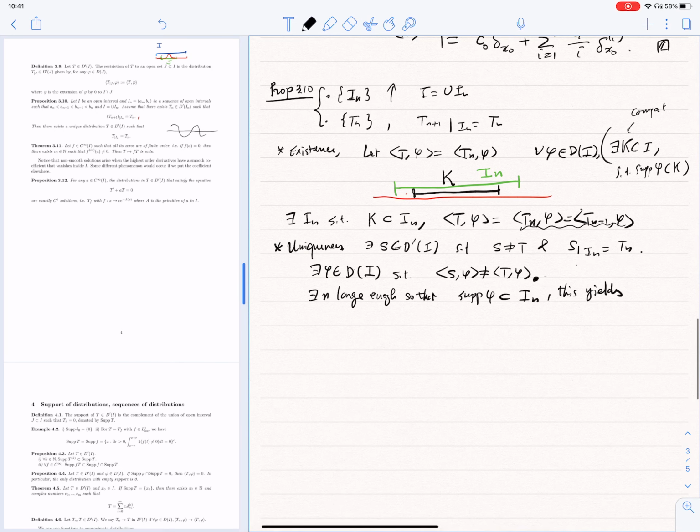This yields that S(phi) is equal to T_n(phi), which is different from T(phi). On the other hand, T also satisfies this property, so T(phi) is equal to T_n(phi). So we have a contradiction.